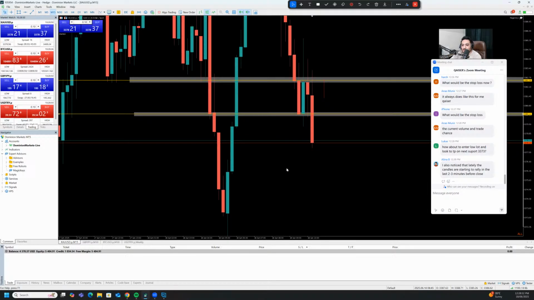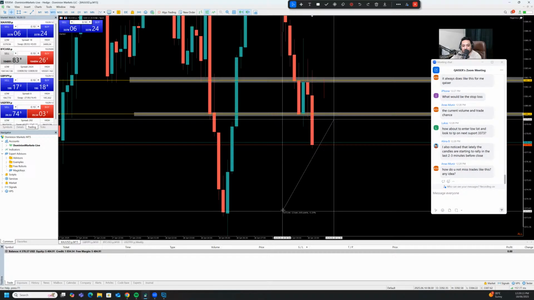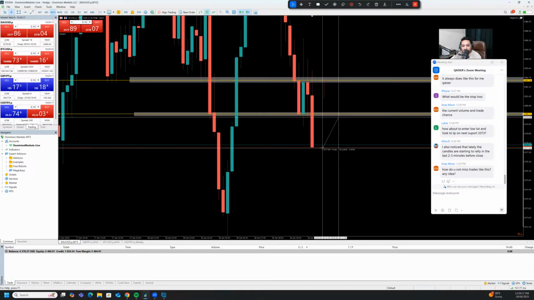Okay, the current volume and trade chance. How about entering low and looking to take profit at the next support? It could be a forced thing, Lucas buddy. We had a range of 50 or 60 pips, and it already moved or filled a 25-30 pip range.